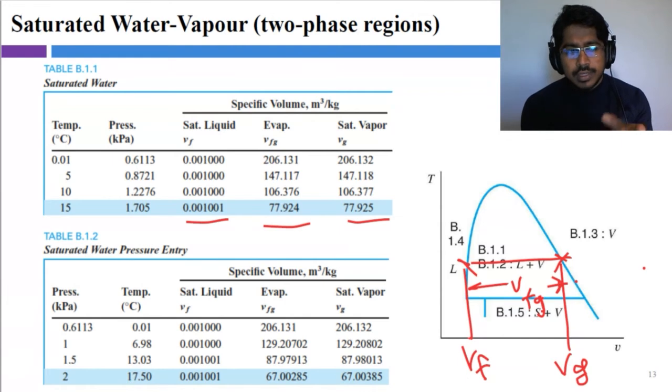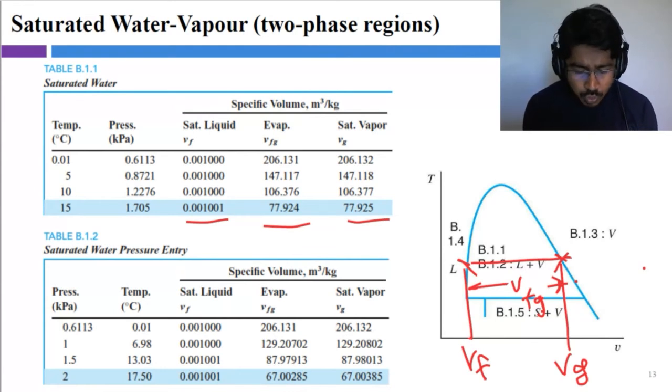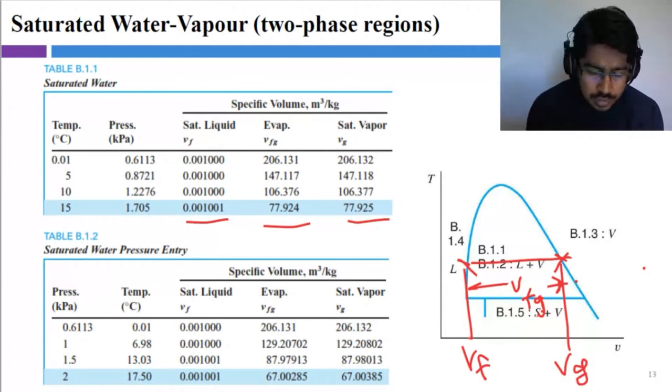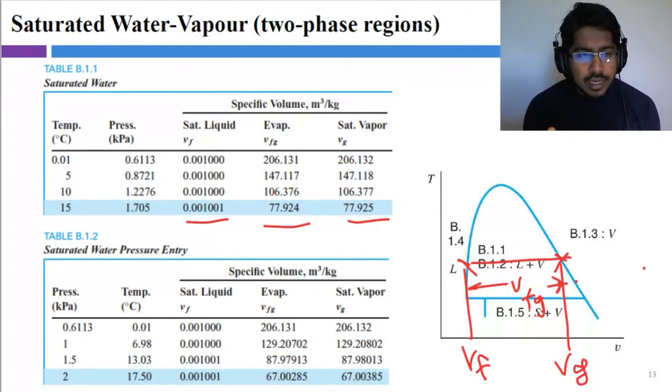For water only, you see two tables there: temperature entry, pressure entry. So why do we have two tables there? When it comes to temperature entry tables, they go with 5, 10, 15, like a 5 Celsius increment.